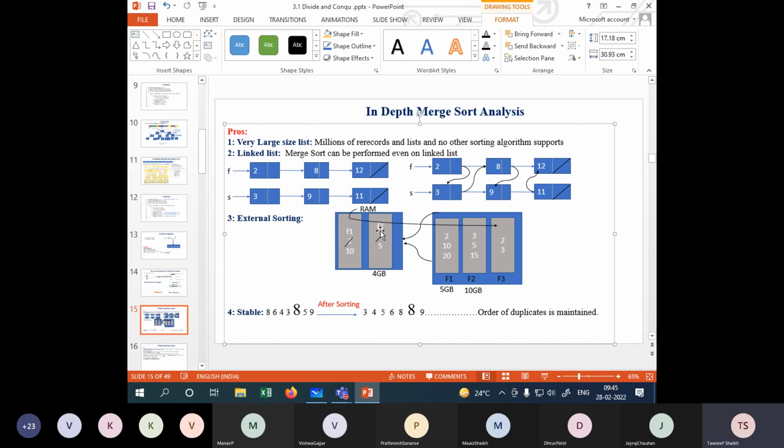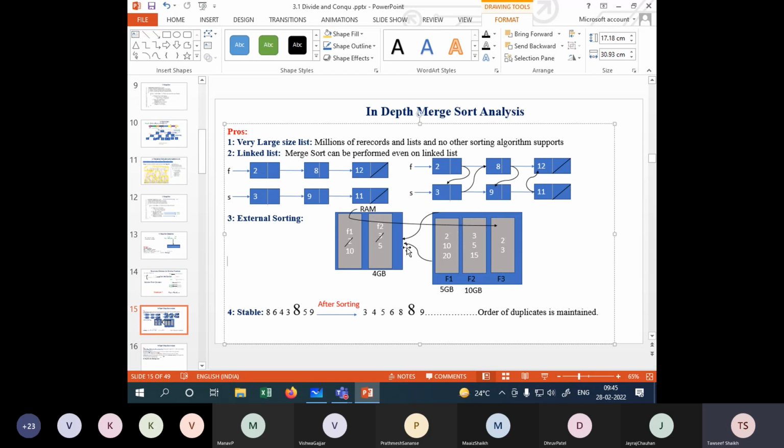So 2 is crossed, 3 is crossed. From F1, we have 10, and we bring another element from F2, which is 5. Similarly, we take only one element at a particular time, do the sorting, and push it back into the secondary storage.